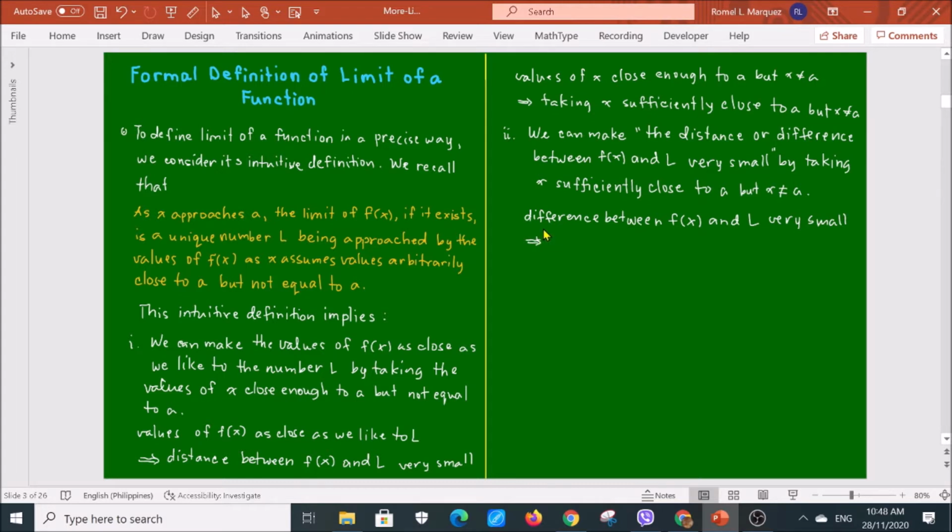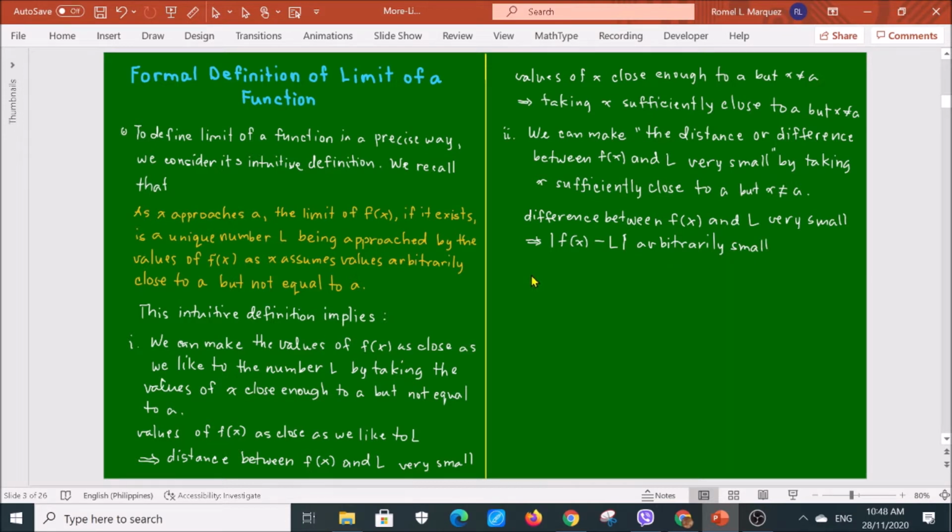Mathematically, we mean that the absolute value of f of x minus L, because you want distance, so it means the positive difference between f of x and L. To make a positive difference, we take the absolute value. Arbitrarily small, that's what we mean mathematically.